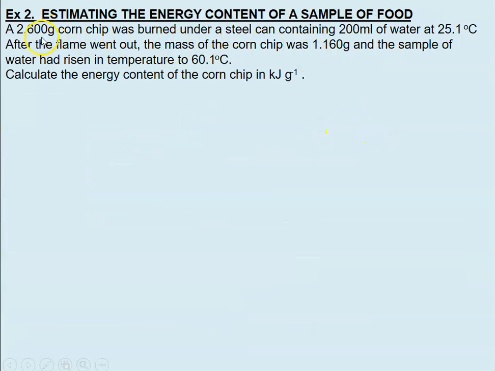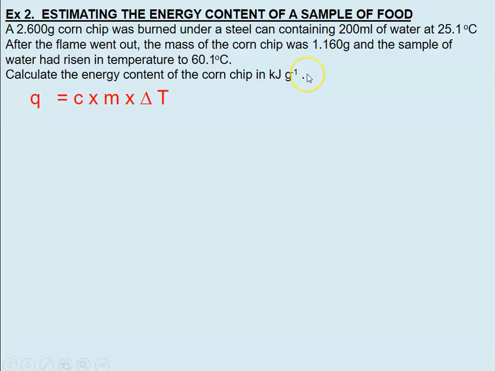Okay. So we've got this amount of corn chip was burnt, so after the flame went out, the mass of the corn chip was this. So we've got our final and our initial, so we still need to work out the difference, the amount of corn chip that was turned into carbon dioxide. And you've got this mass of water and the temperature rise.